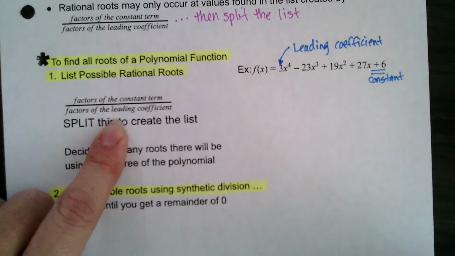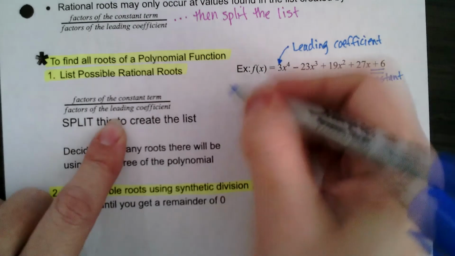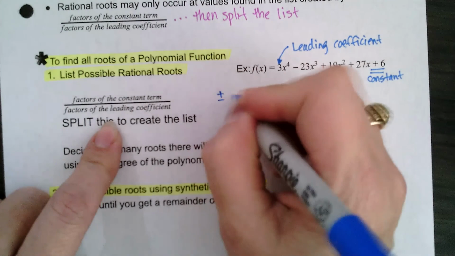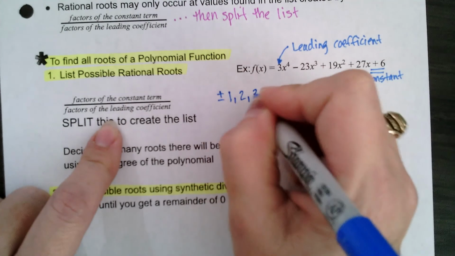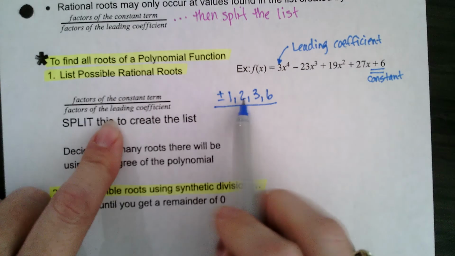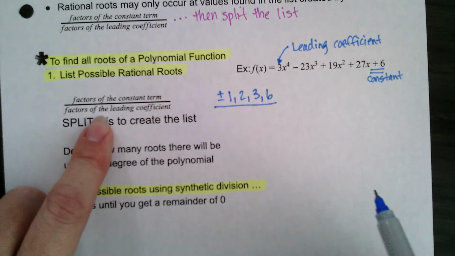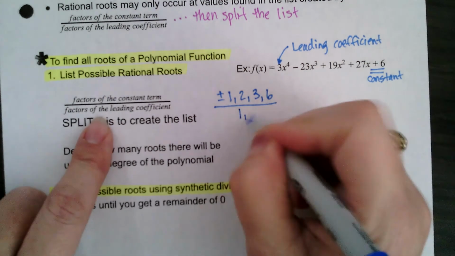Factors mean the numbers that multiply to give you that number. So the factors of 6 would be positive and negative 1, 2, 3, and 6, because I could have 1 times 6 or 2 times 3. And then the factors of the leading coefficient would be 1 and 3.